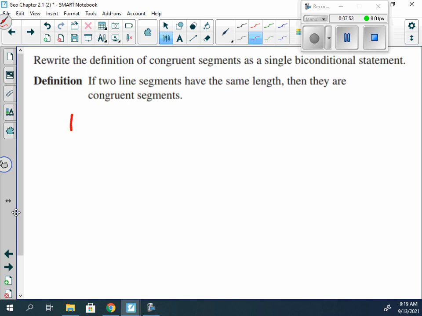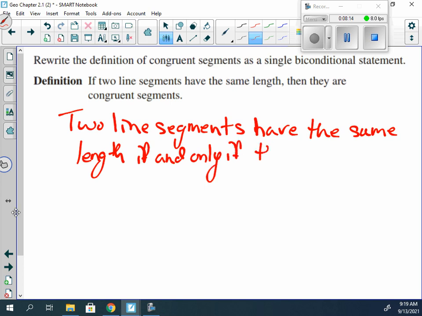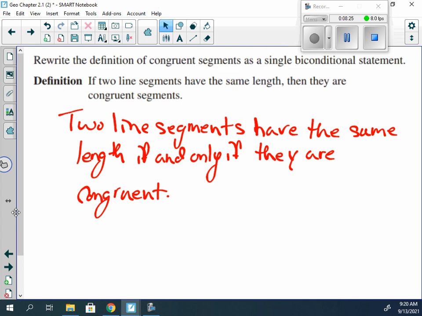Two line segments have the same length if and only if they are congruent. Because if they are congruent, then they have the same length. If they have the same length, it means that they are congruent.